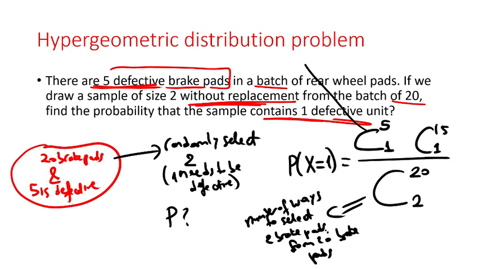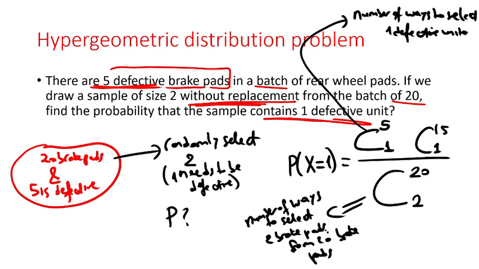So this says the number of ways to select 1 defective unit out of 5 units, and 1 good unit out of 15 units, without order.